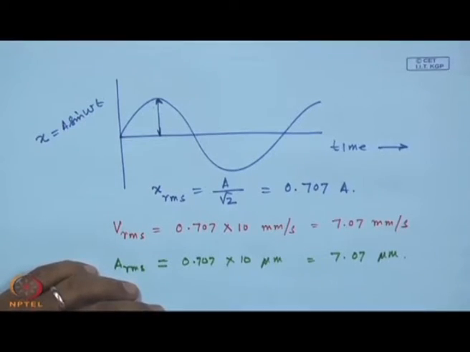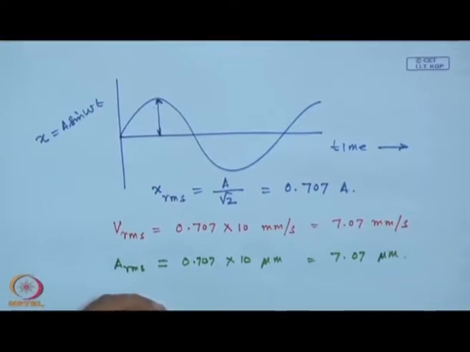For example, whenever we go to the field with this handheld calibrator, which I had shown in one of my previous classes as to how this calibrator is actually used to calibrate accelerometers in the field, all we know is we give a mechanical signal of 10 meters per second square at 1000 radians per second.